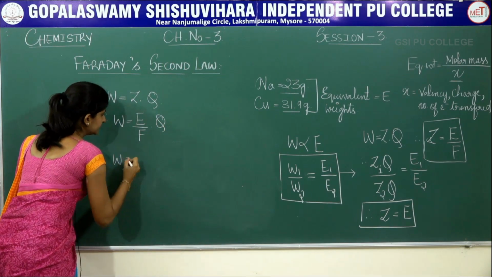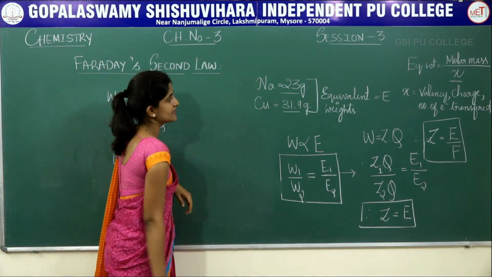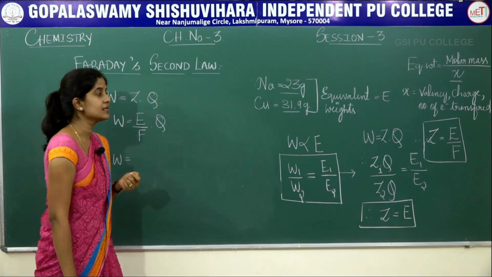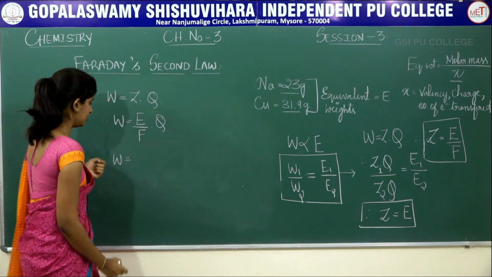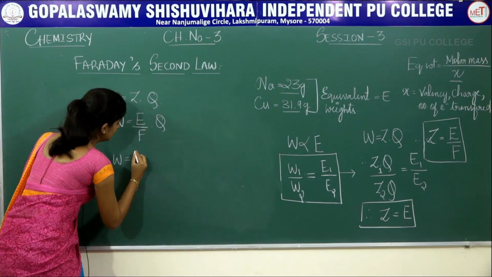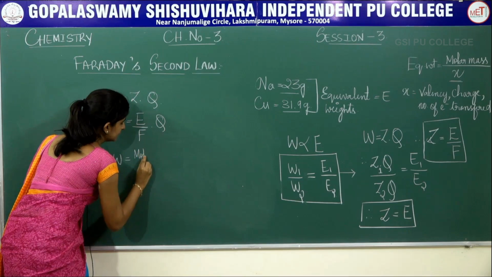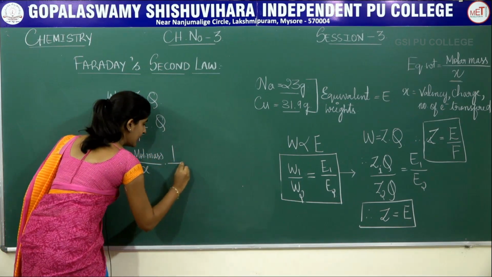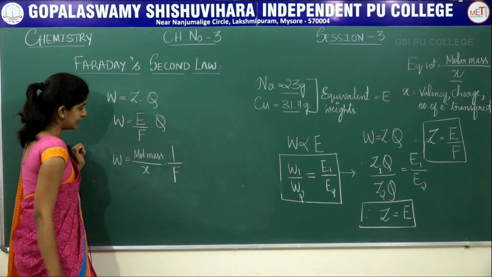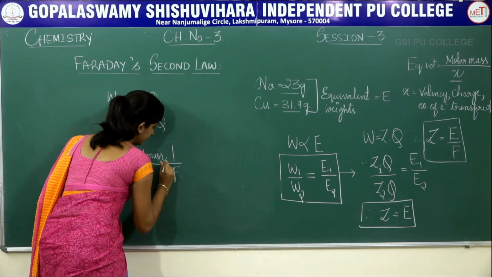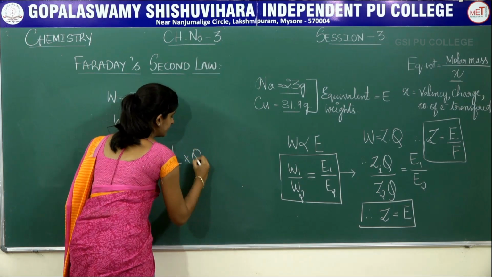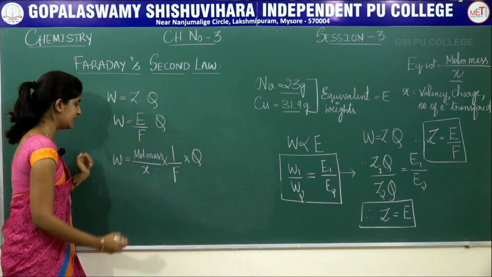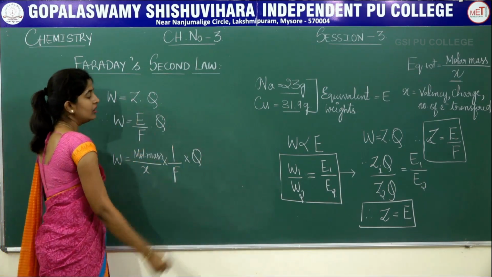W is equal to, what is E? E is molecular mass by X, where X is valency, charge or number of electrons transferred if it is a redox reaction. So E is nothing but the molar mass divided by X, into 1 by F, Faraday's constant, into Q. Q can be written as I into T. We have already derived this in the previous session on Faraday's law.